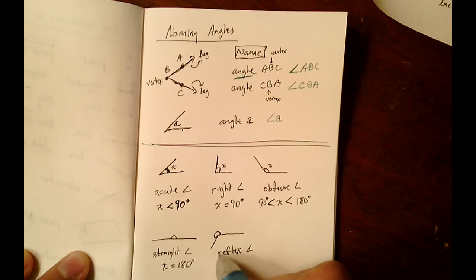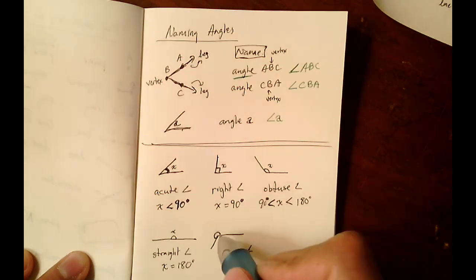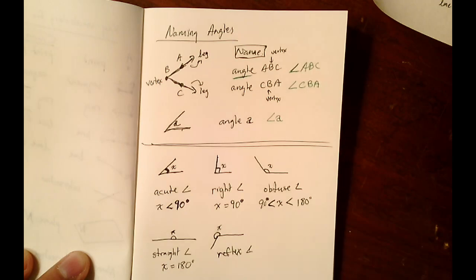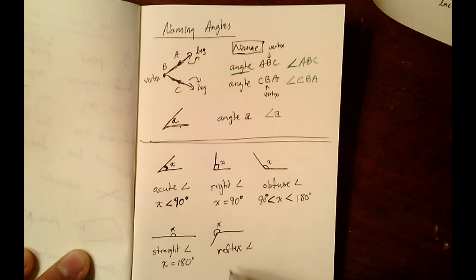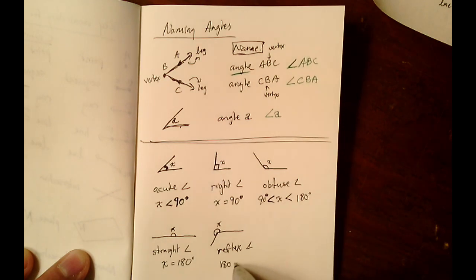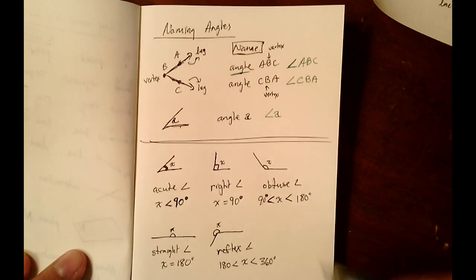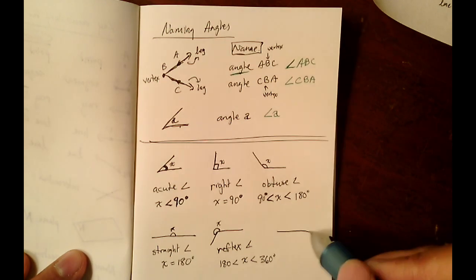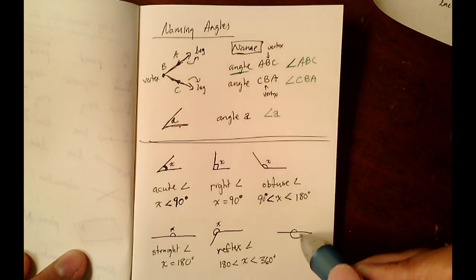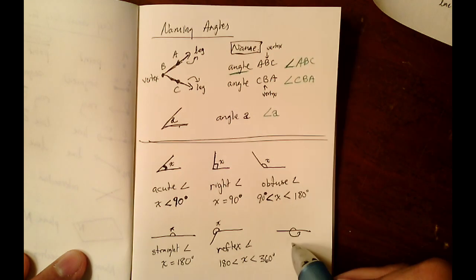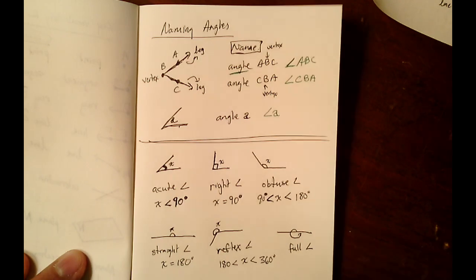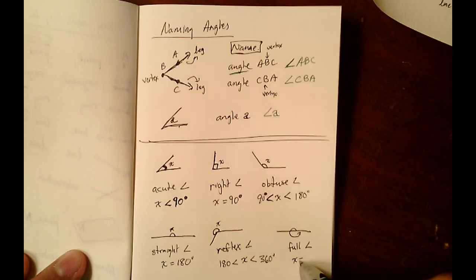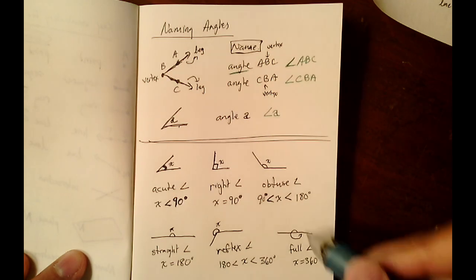And for reflex angles, sorry, these are all still my x's. The x represents the angle. A reflex angle is greater than 180, but less than going all the way around, and that's called 360 degrees. Which leaves us with the final angle, the one that goes all the way around, and we call that a full angle, where x is equal to 360.